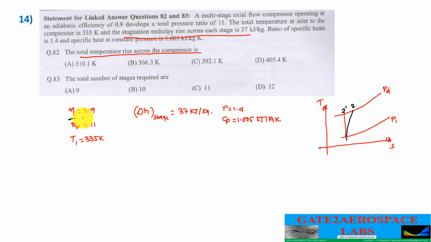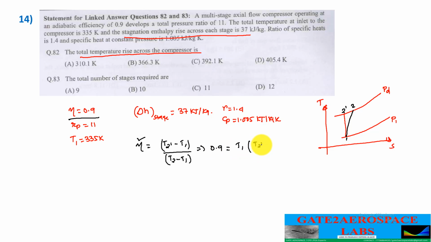Now, the efficiency of the process is given. So efficiency will be equal to (T2 dash minus T1) divided by (T2 minus T1). We know this value of eta is 0.9.